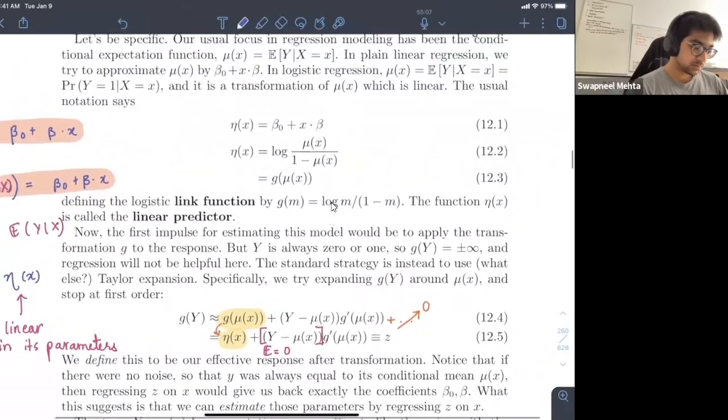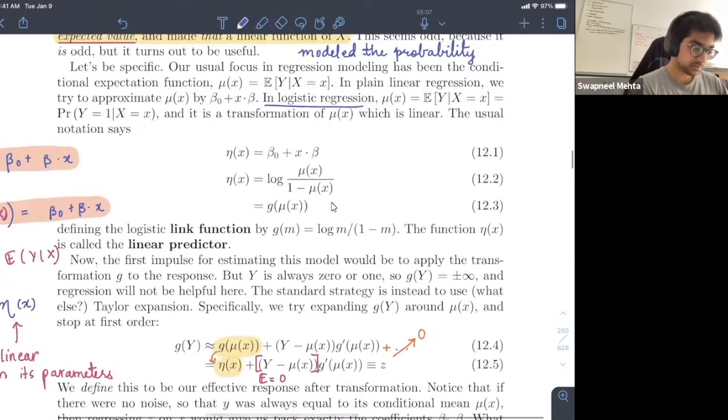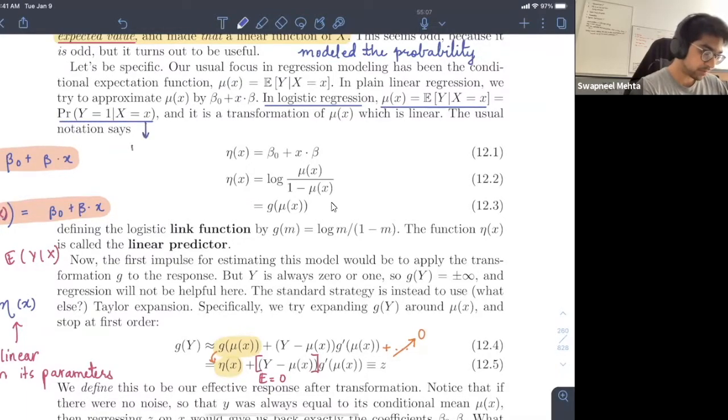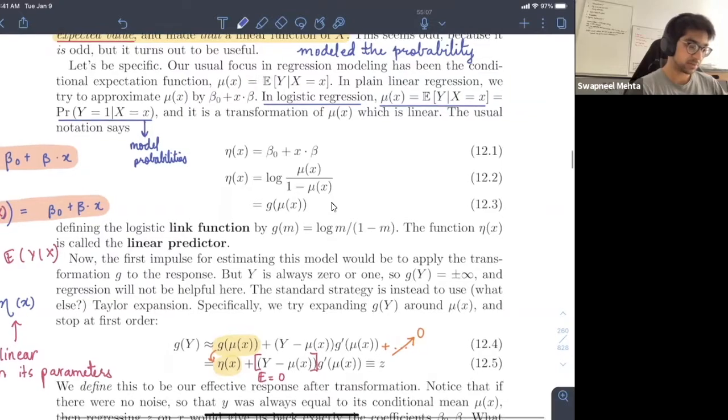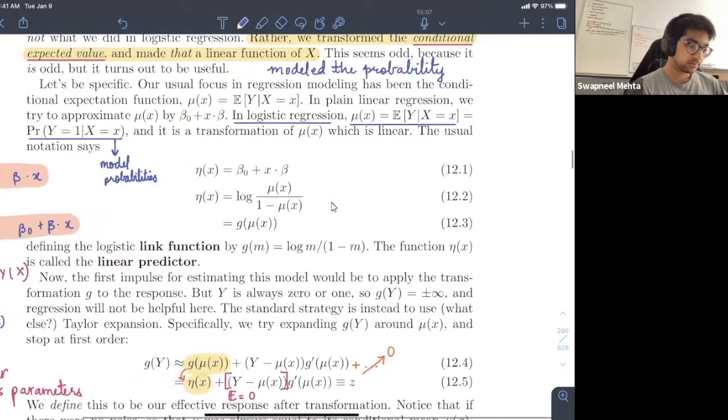So consider what we did for logistic regression. We want the conditional mean, and we model the probabilities. Again, there was a whole point about why we model the probabilities, and why we make the probability a function of x as opposed to considering some probability of some data without having it dependent on x.